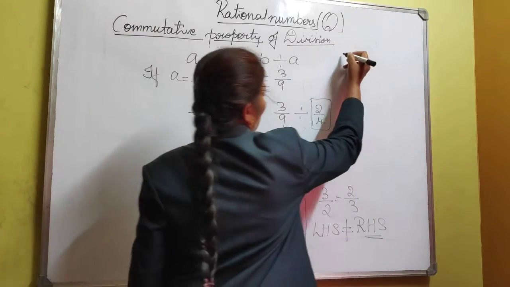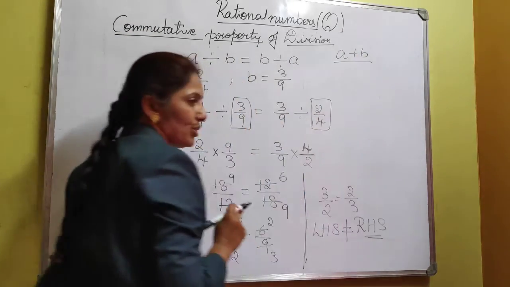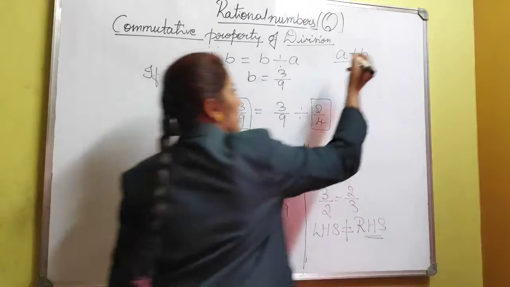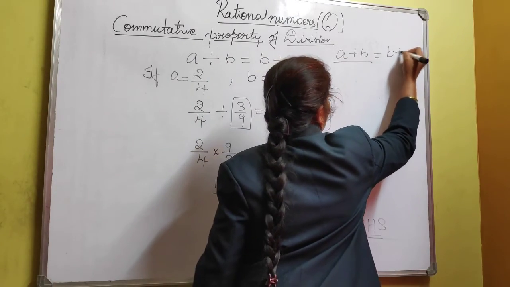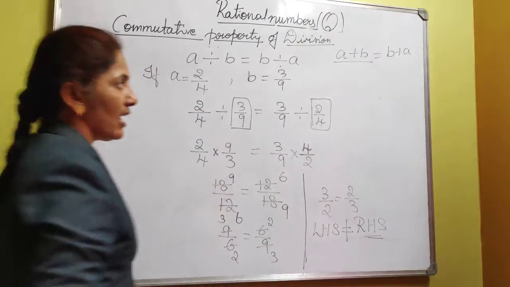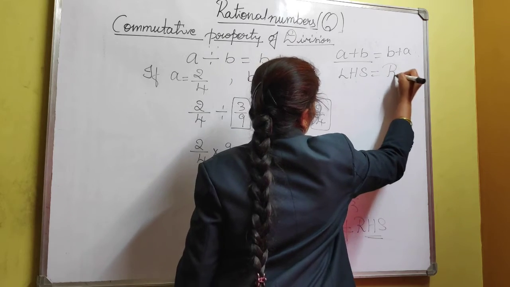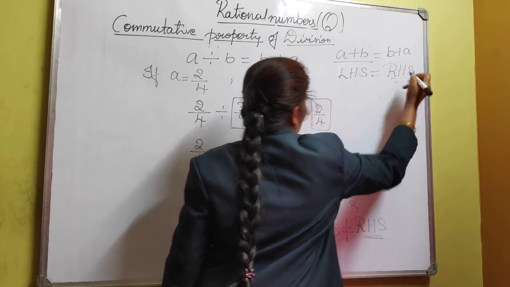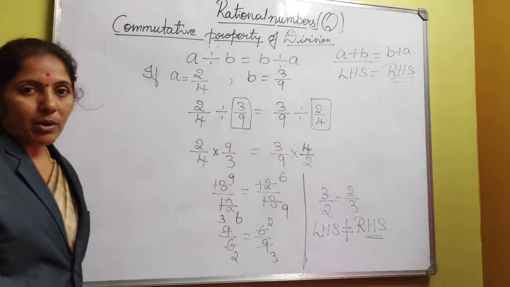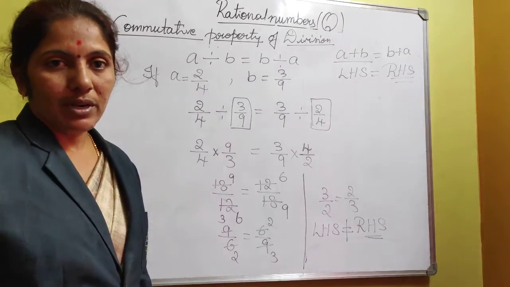Keep in mind what the commutative property is: when we add any two numbers and the same numbers are interchanged, we can write it as b plus a. We have to show that LHS should be equal to RHS. So this is all about the commutative property of addition, multiplication, division and subtraction.